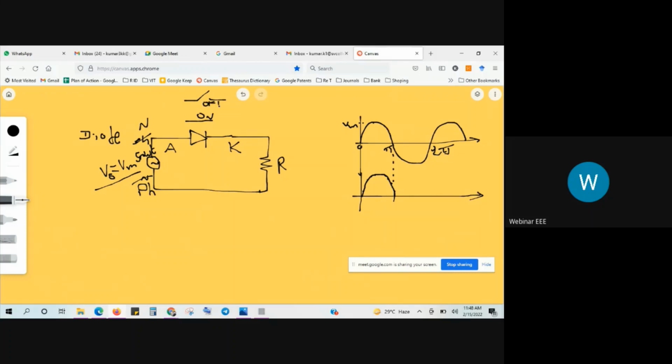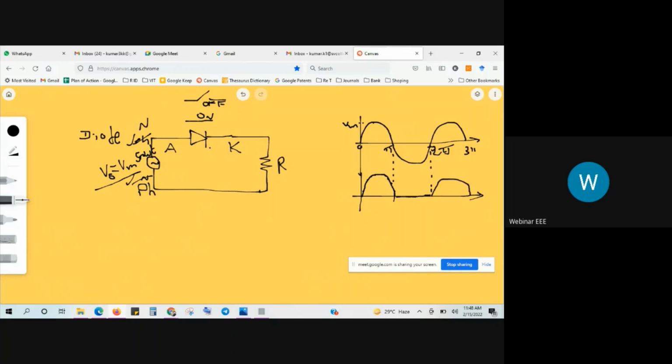If my switch is in off position, there is no way for current to flow from source to load, so we get 0 volt. From 2 pi to 3 pi, we again enter the positive half, phase is connected to anode, so it is in conduction state.